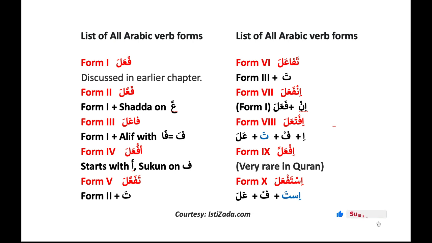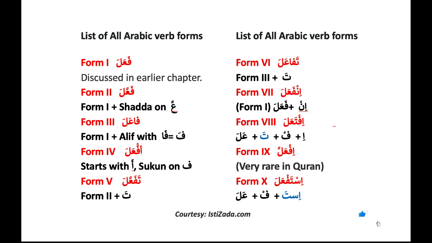I repeat: fa has become sukun, then the extra letter ta is added between the fa and ayn kalima, making it ifta'ala. However, you need to remember that in form 7 and form 8, both in and if, the alif will always take kasra. So it's infa'ala, ifta'ala. Keep listening to this and make sure that you understand this, inshallah.